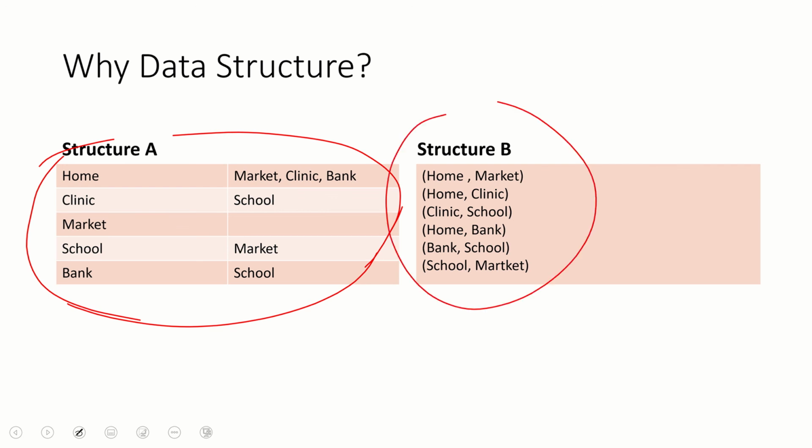But structure B is not too bad, especially compared with the other structure, the coordinates, right? So you can tell there's a big difference in performance when we're using different data structures.